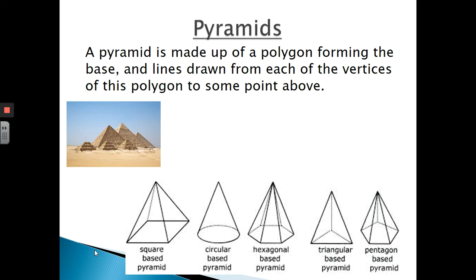So we've got square base, circular base, hexagonal base, triangular base, diagonal base. And the lines drawn up from each of the vertices of this polygon to some point above. And then we've got our real life example of the pyramids there. So you can form some nice generalizations in those shapes. What's the same, what's different.